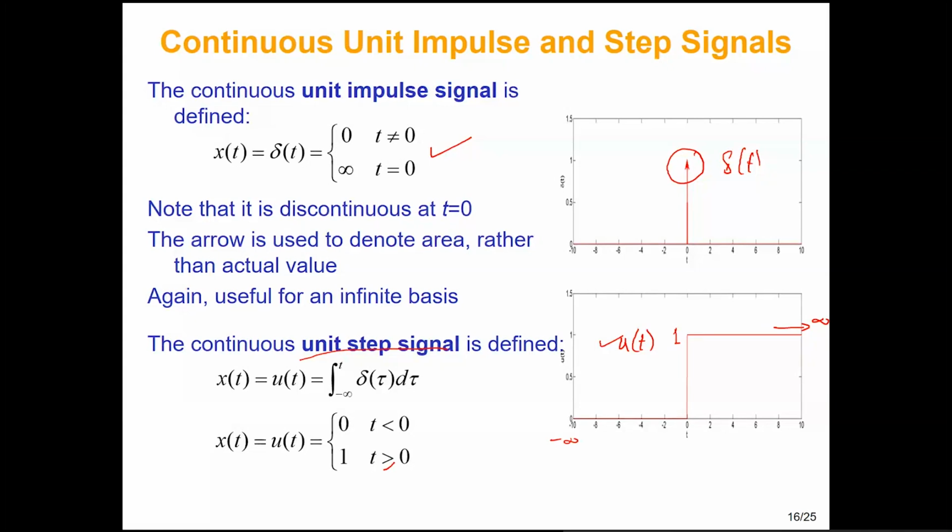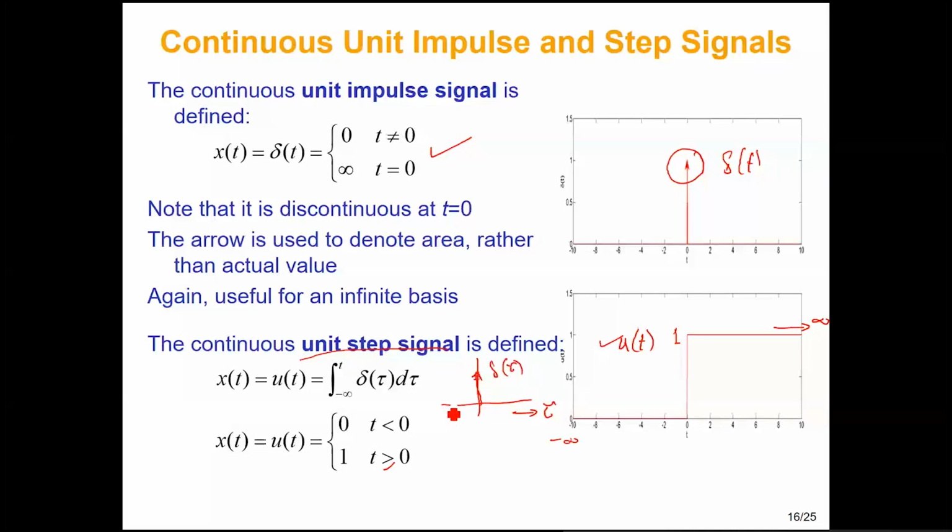Now, just like we saw a relationship between your unit impulse and unit step for discrete time signal, there is a relationship between this unit step and unit impulse signal for continuous time also. If we talk about the area under the graph from minus infinity till the time t for delta tau d tau, right? If we have this type of a thing, this is your axis, let's say tau, and here we have your delta tau.